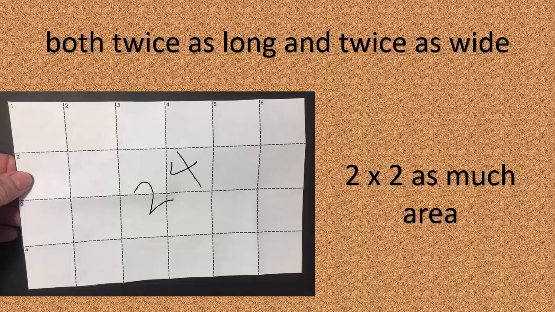So it's not just twice as much. It's not just 2 times as much. It's 2 times 2 as much area. And 2 times 2, of course, is 4. So we have 4 times as much area now as we started with, because it was both twice as long and twice as wide.